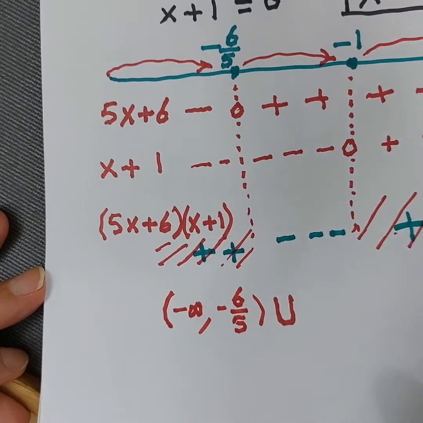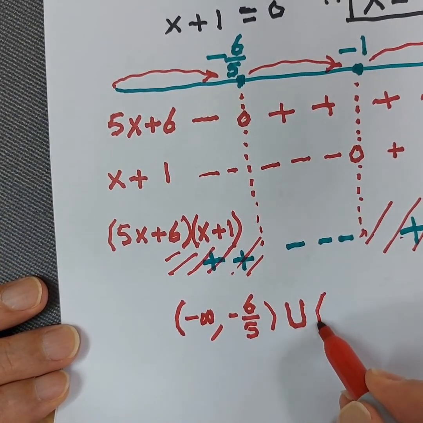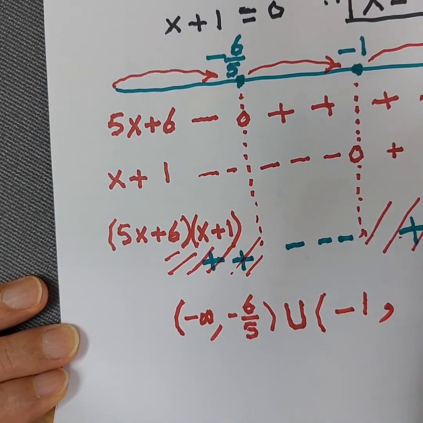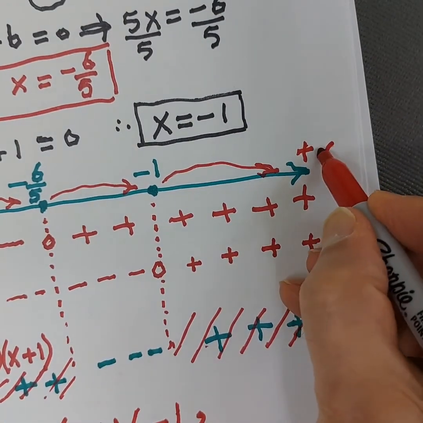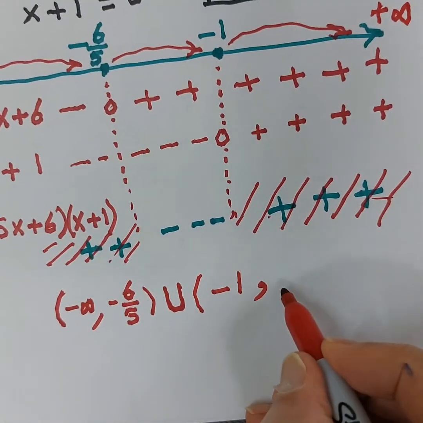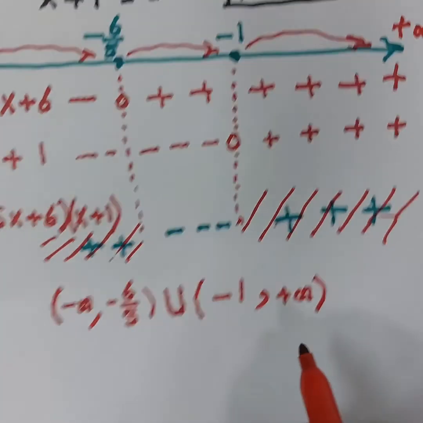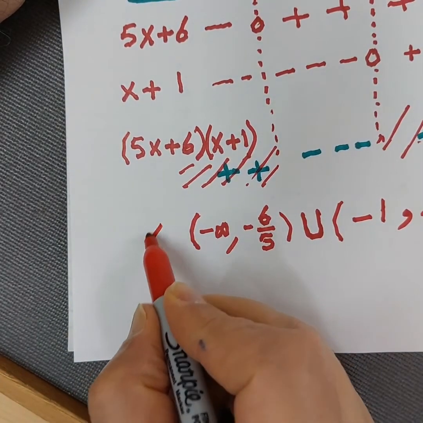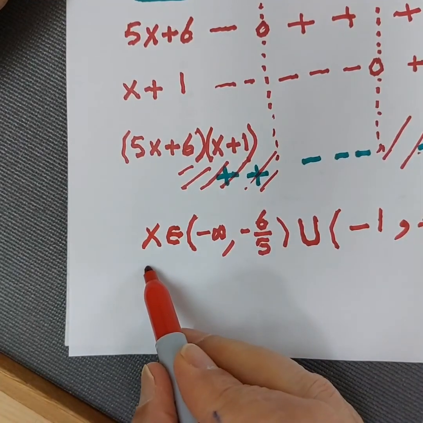And the second interval from -1 till positive infinity. These 2 intervals together represent the answer for this inequality.